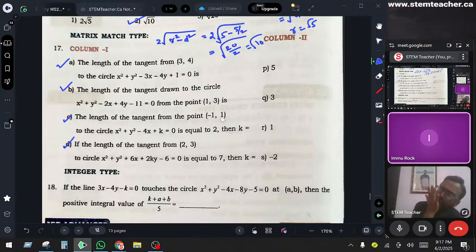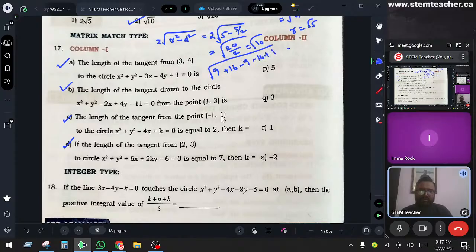You can do what is x plus x1, direct substitute. 9 plus 16 minus 9 minus 16 plus 1 is equals to 1. I did one, you have to do rest.